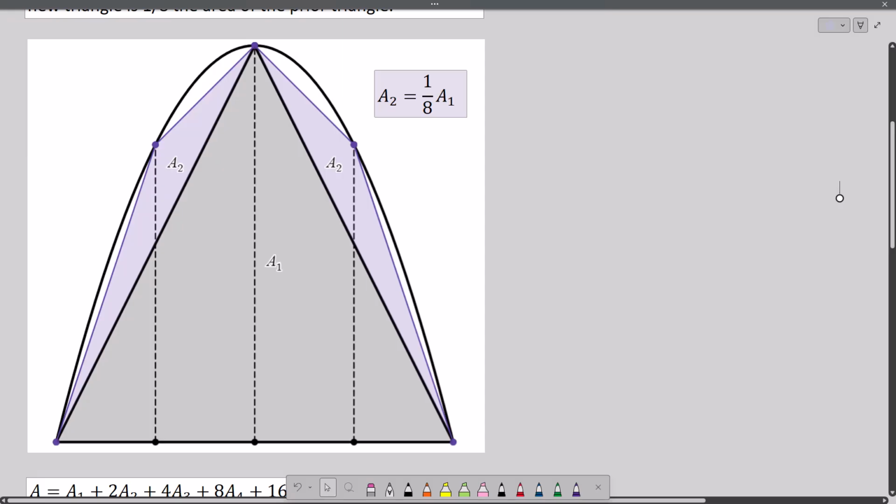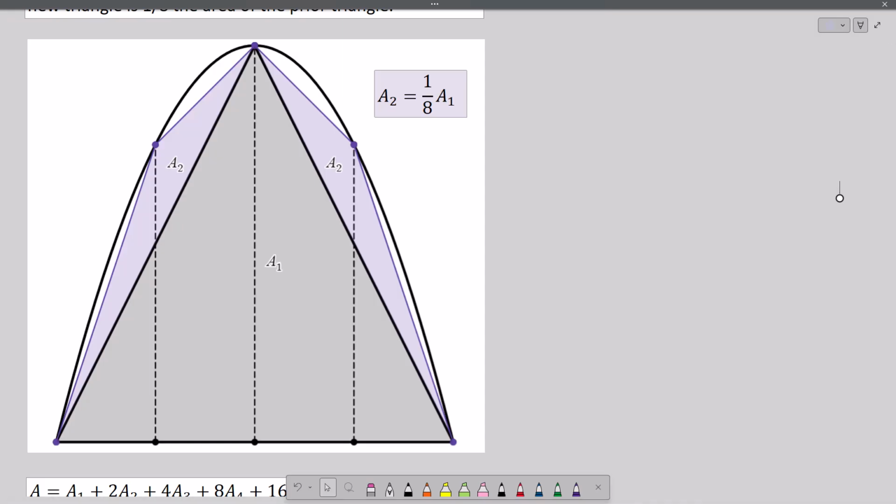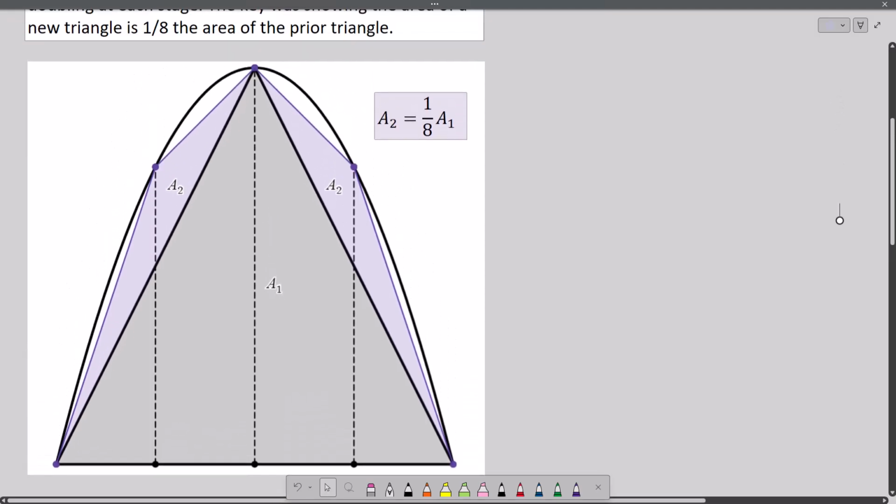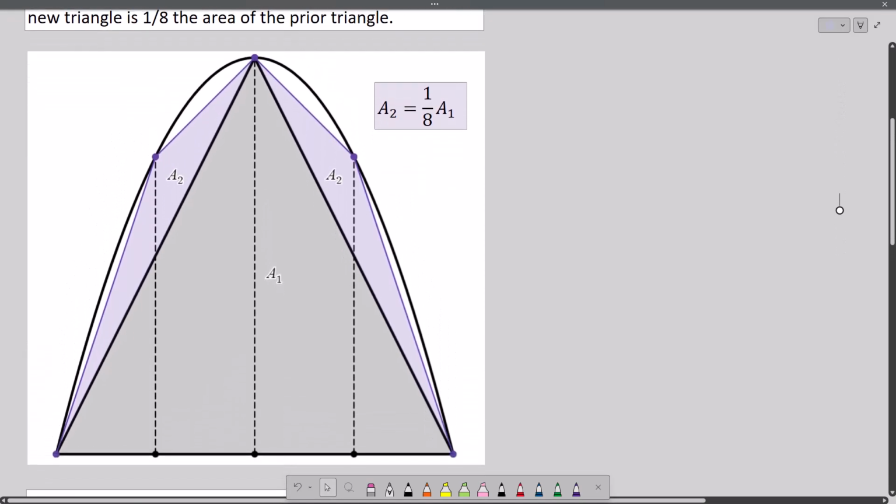Create this isosceles triangle here. And then you subdivide and you create these two little triangles called a sub 2. And then you subdivide all four of these intervals, and you create a triangle in there, a triangle in there, a triangle in there, and a triangle in there. And the weird thing is, and you can calculate this very easily, you can go out a few iterations.